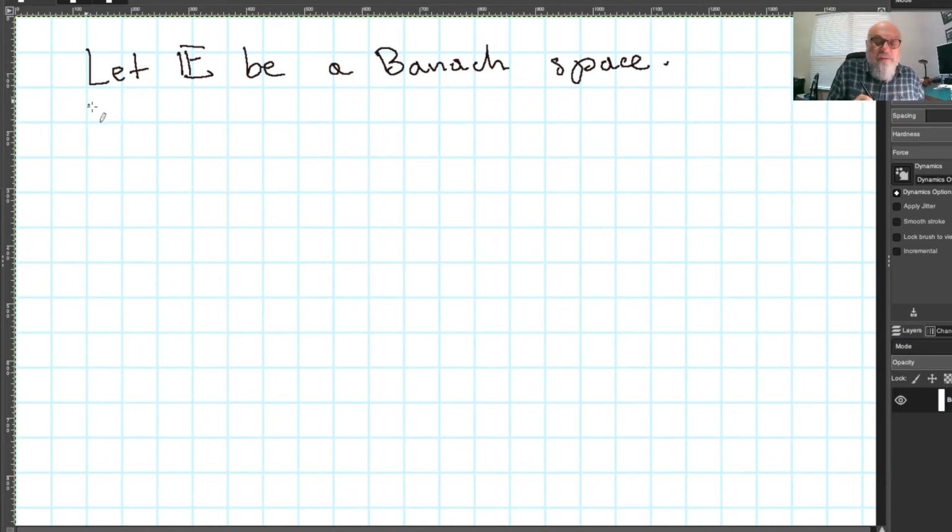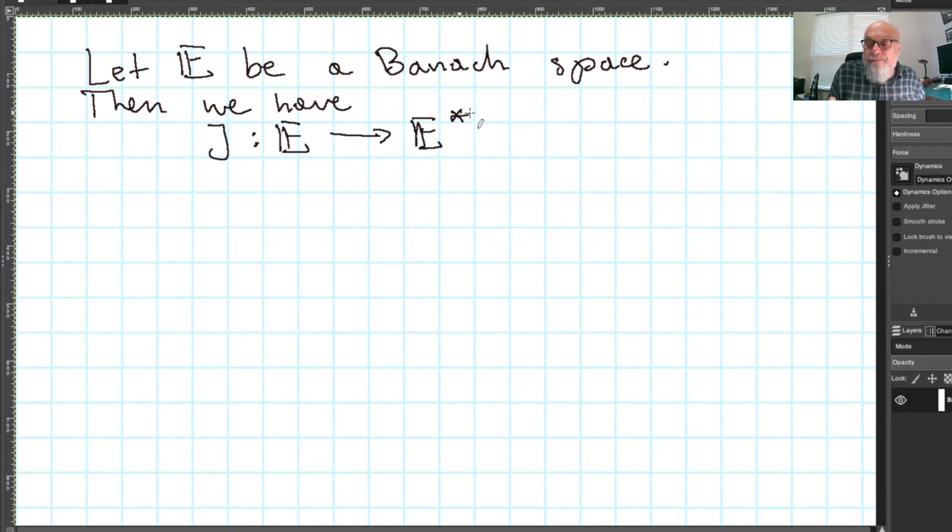Then, of course, we should remember we have the so-called duality map that goes from E to E double star, the double dual. This is defined in such a way that J of x is a linear function on E star.